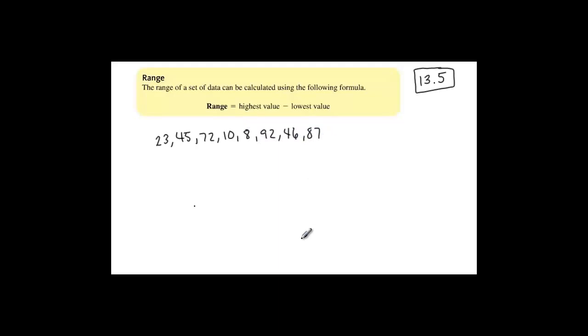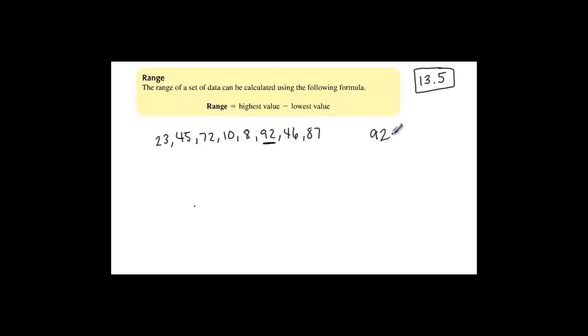If I asked you to find the range, you would first look for the highest value. Because we're looking for a highest and lowest, you wouldn't need to put this in ascending or descending order. The highest value looks like 92.